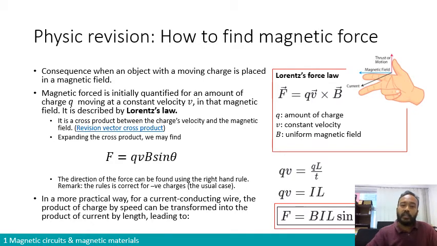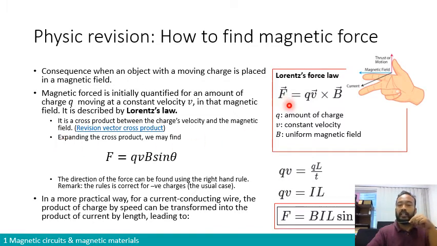It is a consequence when an object with moving charges, let's say a wire where you have current in it, is placed inside a magnetic field, and you will experience a certain force. That's what we call the Lorentz force or magnetic force. This magnetic force is initially quantified for an amount of charge, so it's quantified as the current conducting in it, meaning the quantity of charge conducting in it.